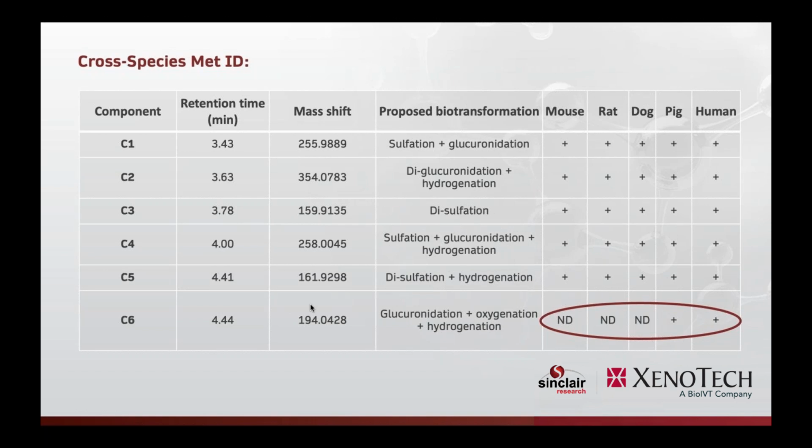And using this mass shift, we're able to provide putative biotransformations that happen to the molecule. And then in this example, you can see that metabolites 1 through 5 were formed in all species. However, metabolite 6 was only formed in pig and human. So again, in this case, pig would be the more appropriate non-clinical test system to use in the tox studies moving forward.